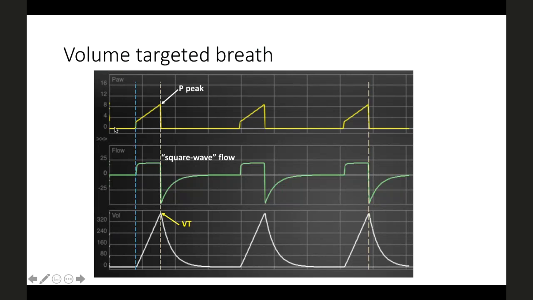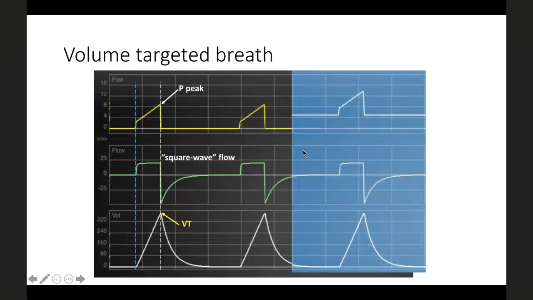Here you can see the baseline is 0, and suppose I change the settings. Now in the second part you can see that the baseline is elevated, and the new elevated baseline is called PEEP. That means at the end of expiration, the pressure inside the system is not allowed to come back to 0.